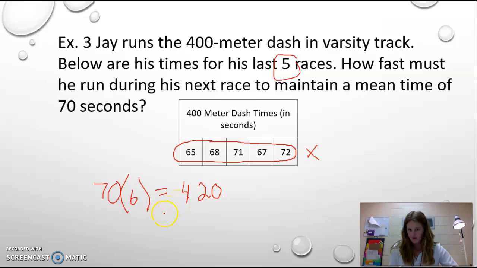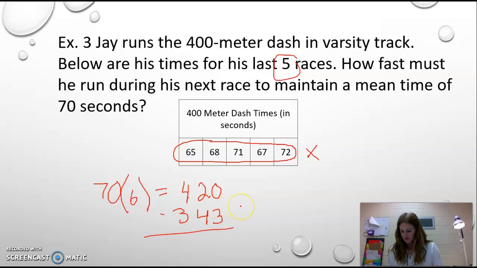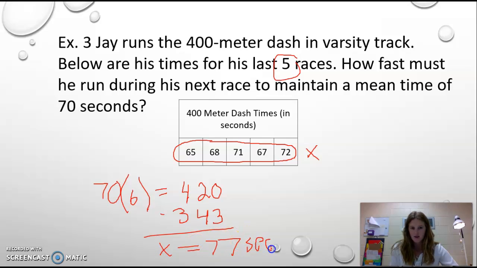He has a total of 343 so far. And so now I just subtract. In his next race, to maintain an average of 70 seconds, he needs a time of 77 seconds.